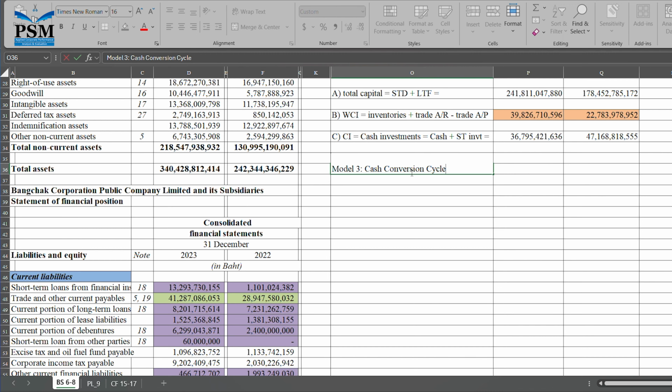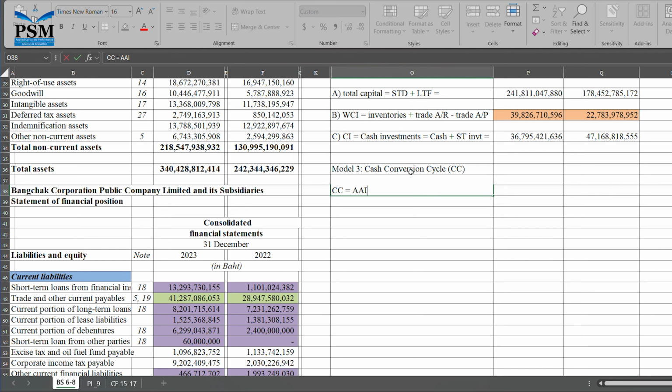Cash conversion cycle refers to the cash inflow period and the cash outflow period of the company. So we calculate the cash conversion cycle, or CC. Our formula is cash cycle equals AAI, average age of inventories.